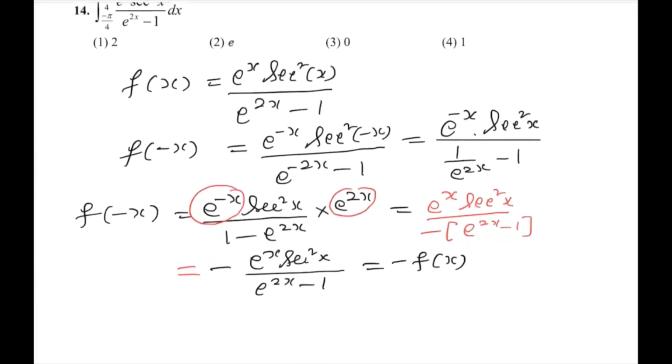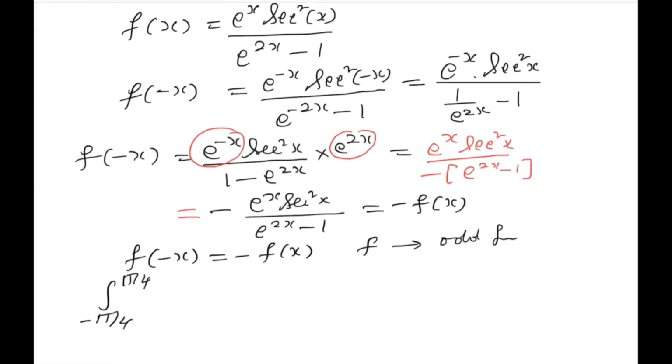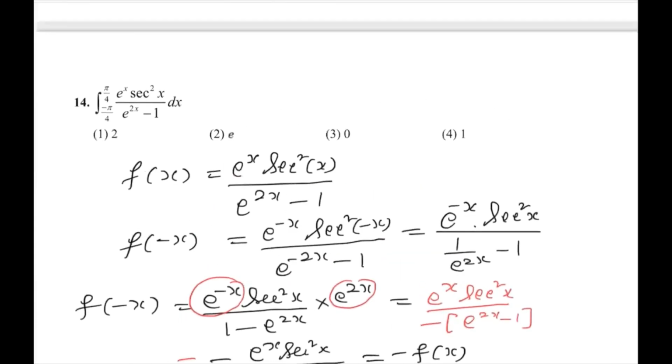So f of minus x is minus f of x. So f is an odd function. Therefore, the integral from minus pi by 4 to plus pi by 4 of f of x dx is 0. So the correct option is the third option.